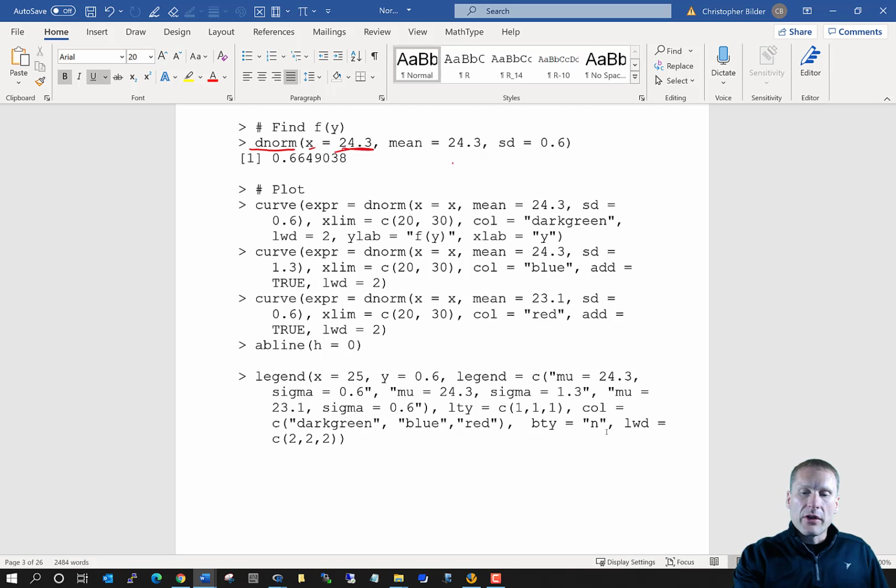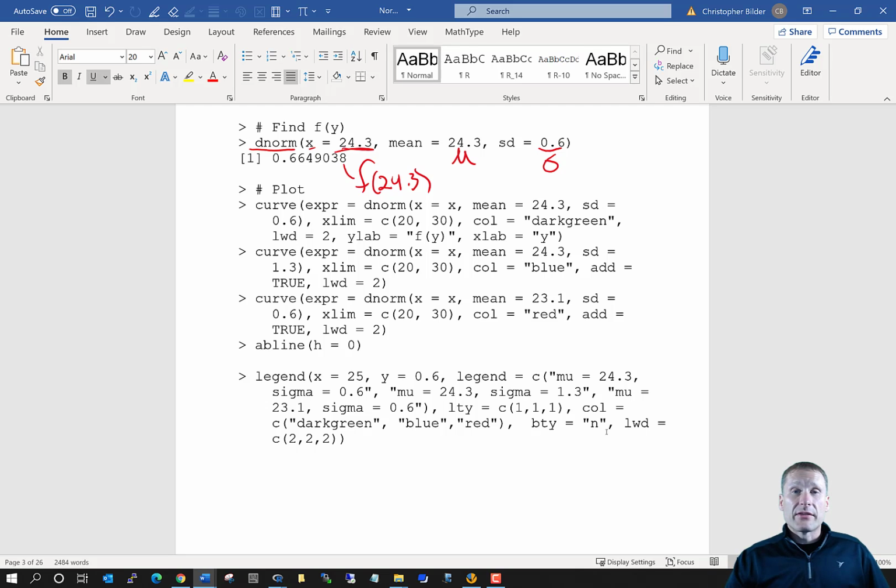And then another argument is called mean. Suppose the mean was 24.3, just so that we can plot it. And then the next argument is sd for standard deviation. Let's say that sigma, my standard deviation, is 0.6. If I do that, then here is f of 24.3. Okay, so that would be the height of my curve at 24.3.